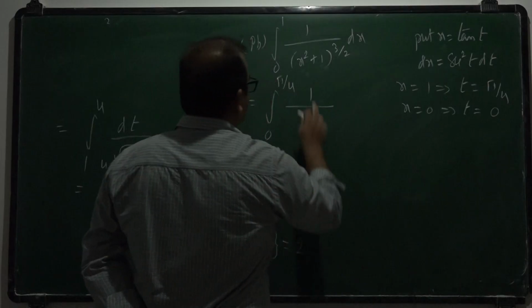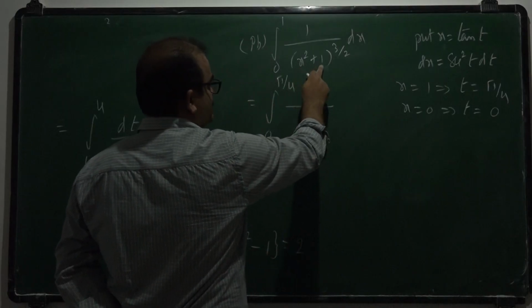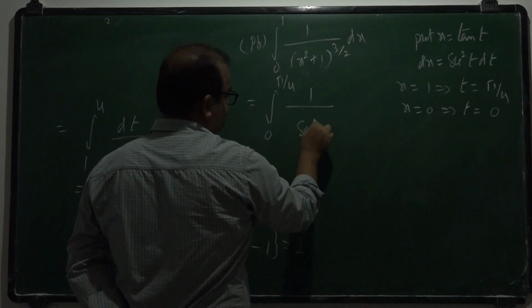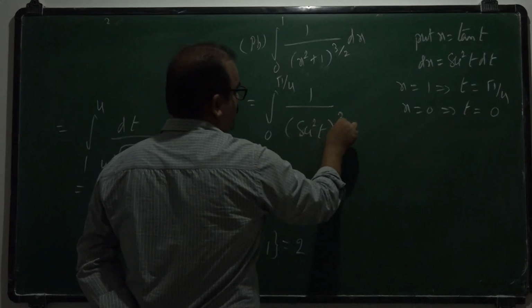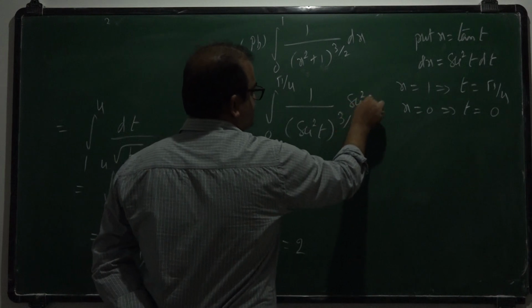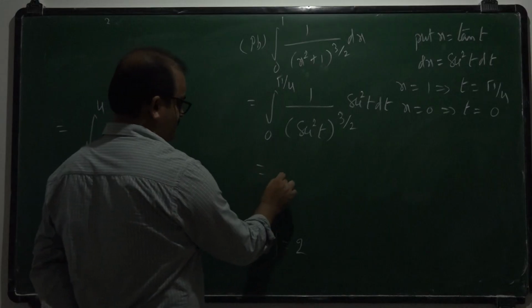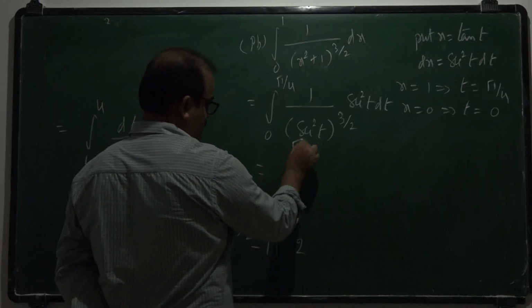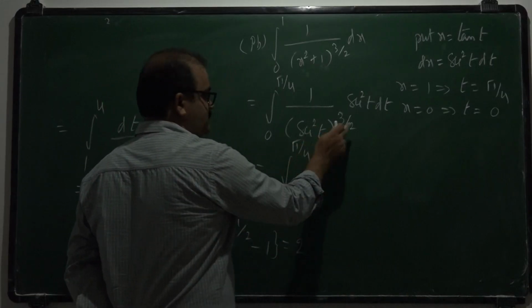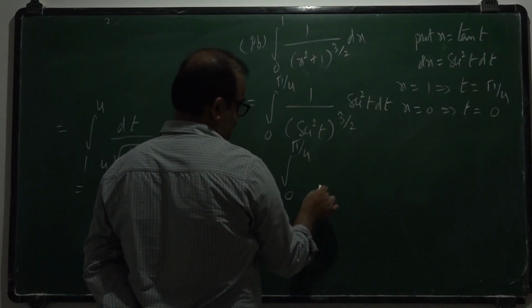1 by x square, x square means tan square t plus 1, secant square t, whole to the power of 3 by 2, dx. What is dx? Secant square t into dt. Secant square whole power 3 by 2, 2 cancel. We get secant cube t.